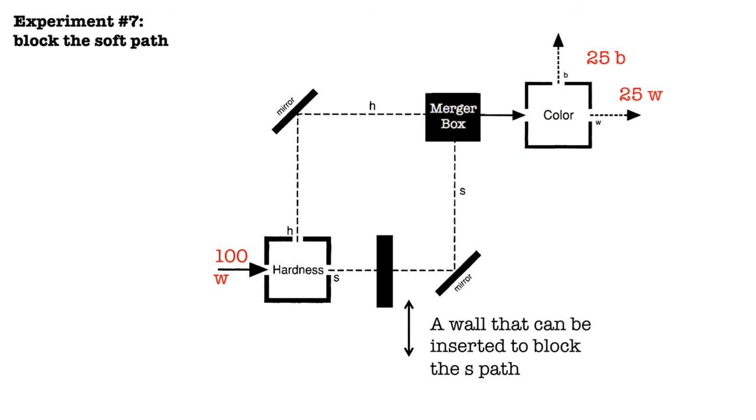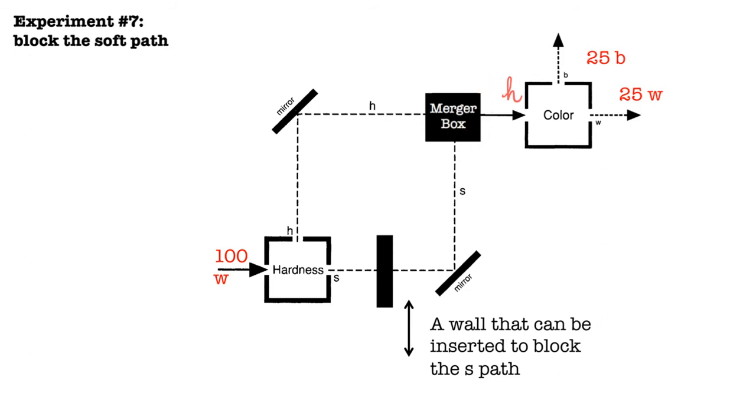Well, in that case, if we see an electron at the exit of the merger port, we know something about which path was taken, because that electron could not have taken the S path. That's a blocked path. So every electron that makes it out of this box will be in the hard state. We'll have some number of electrons here and they will all be in the hard state.